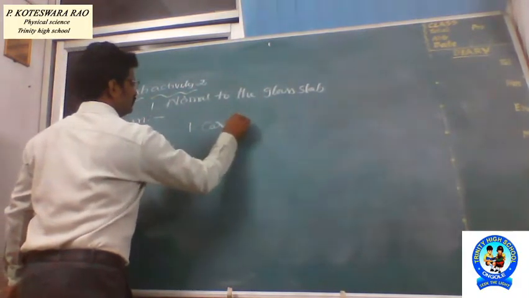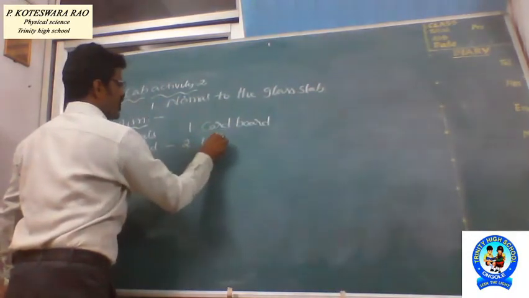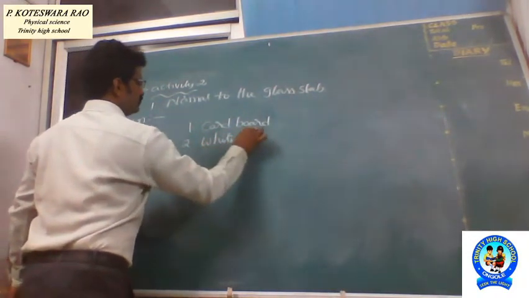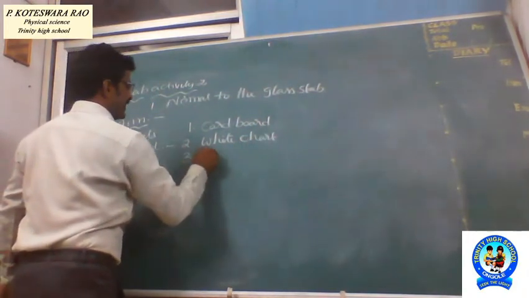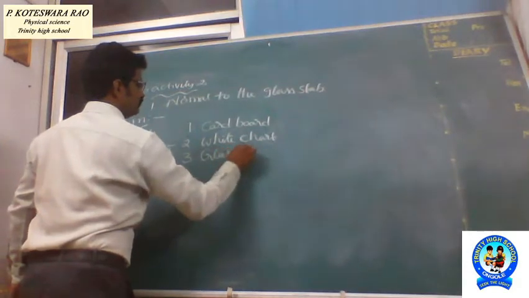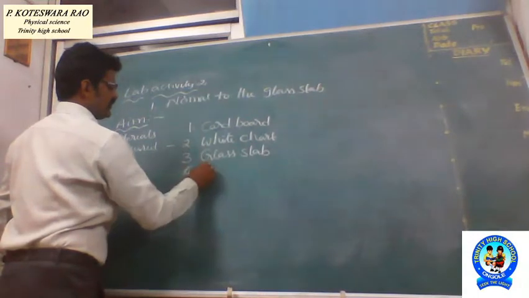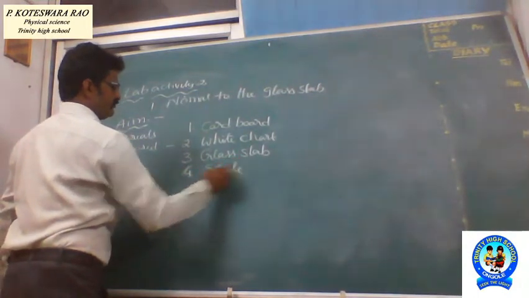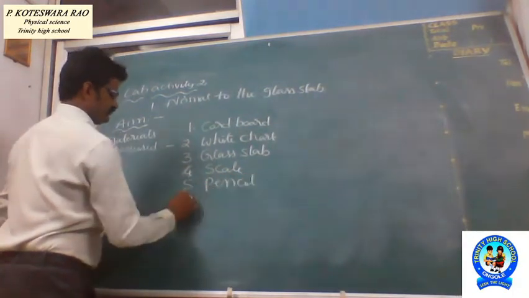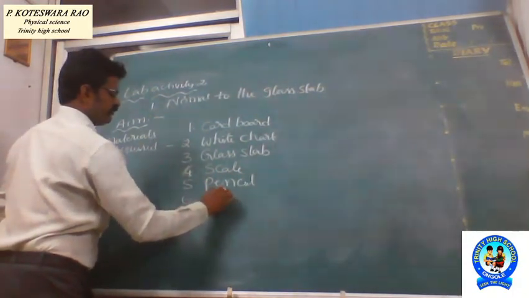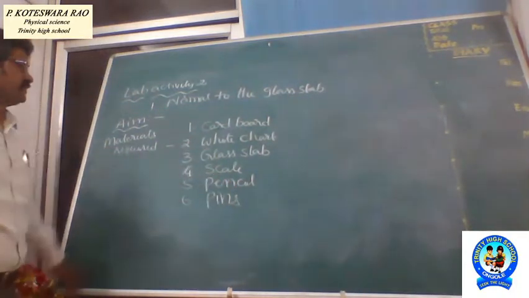Cardboard, white chalk, rectangular glass slab, scale, pencil, pins. So what are the materials required here?